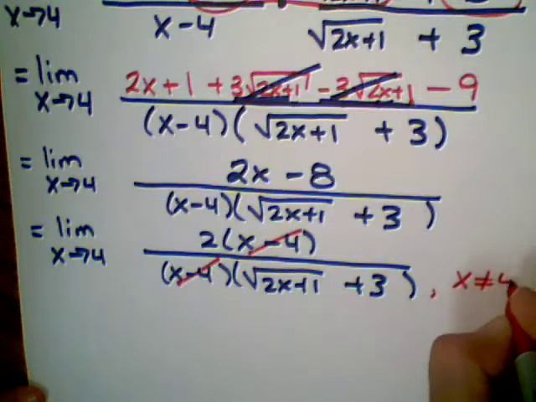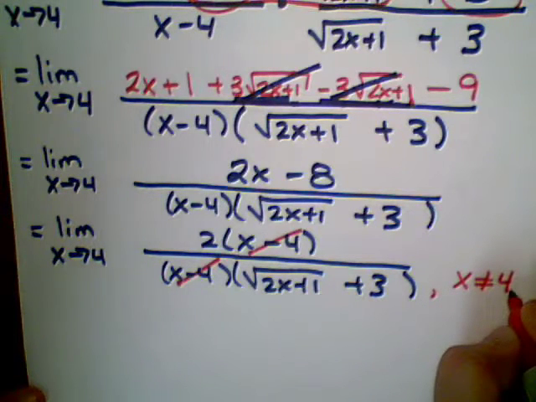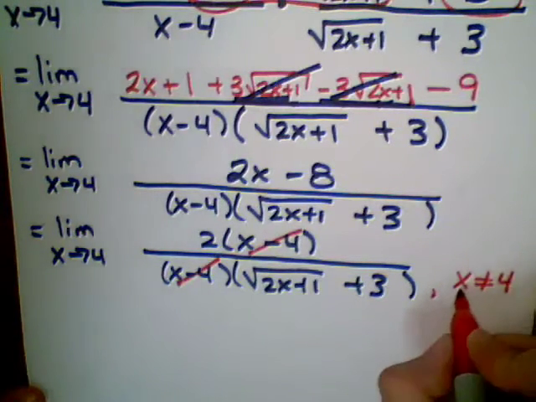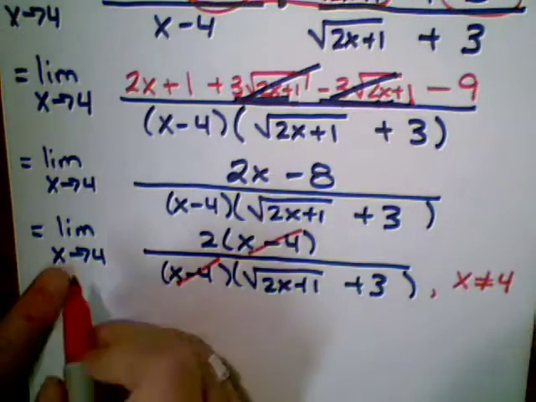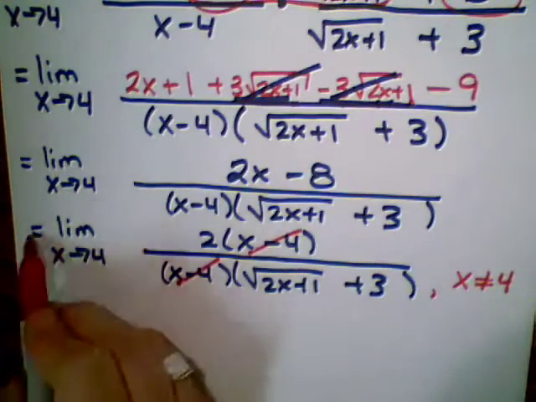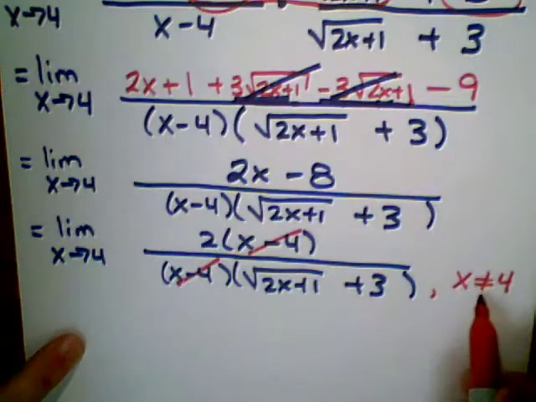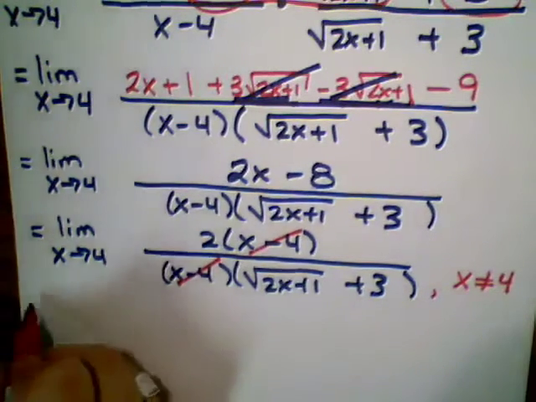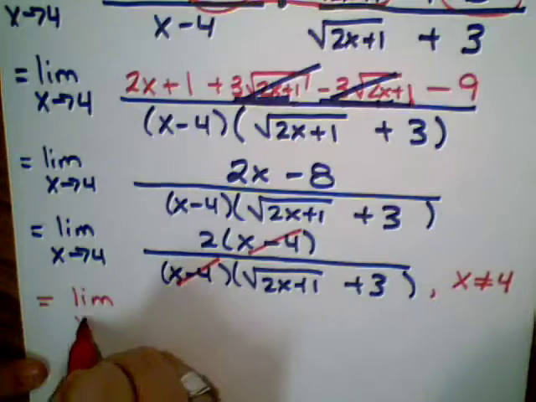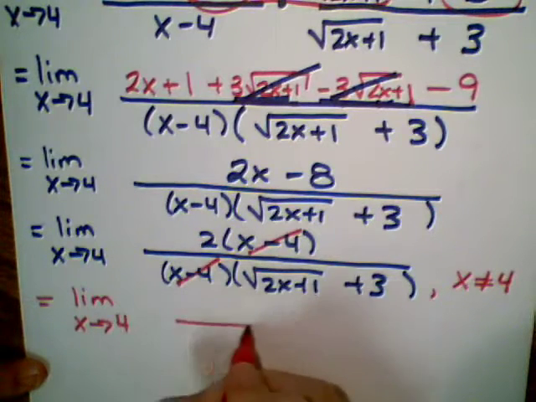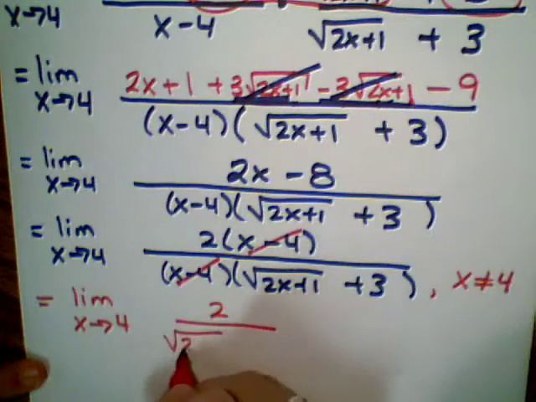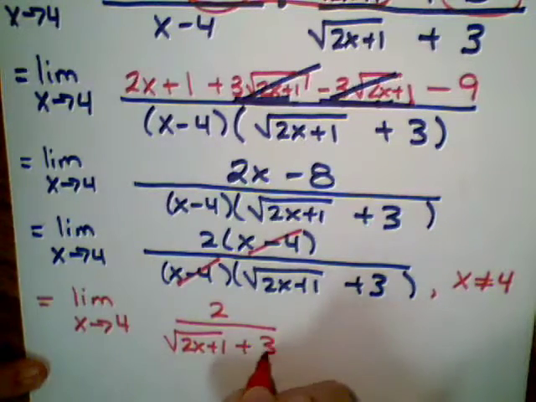We know that we would be changing the domain of the function at one point. But under the limit, as x approaches 4, this limit does not depend on the value at x equals 4. So the limit in purple is equivalent to the limit in red, where I've simplified.